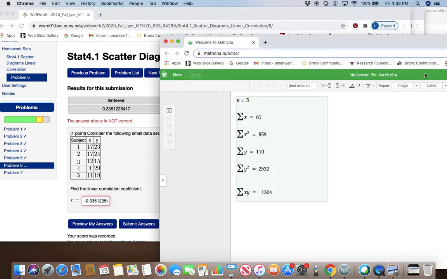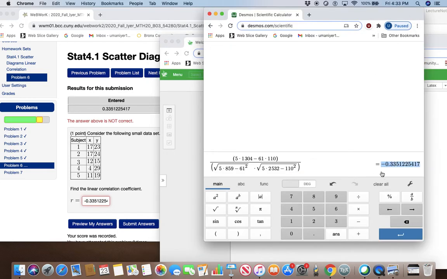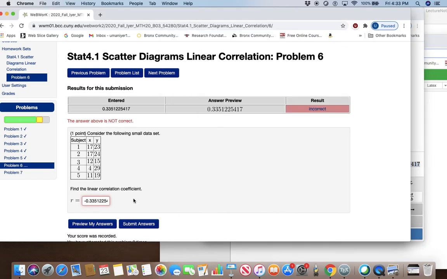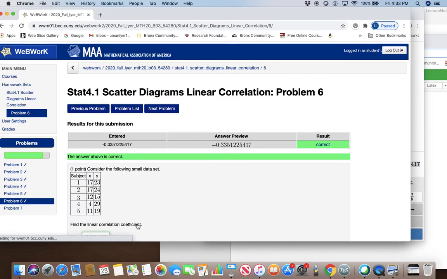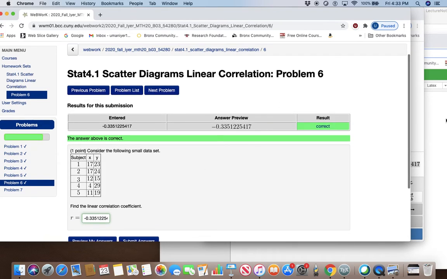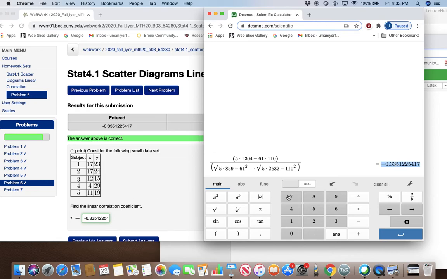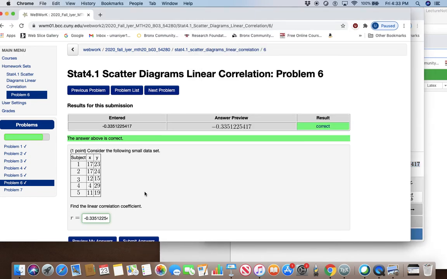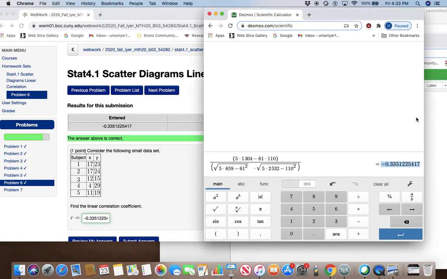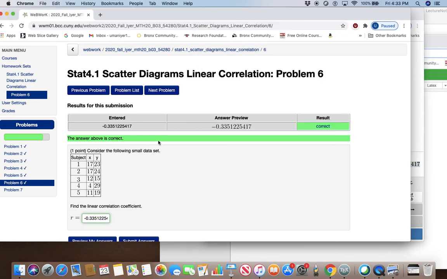Remember, the answer has a negative. Finally, that's correct. This happens if we go from one website to another; it sometimes incorporates an extra character. So do not give up hope. Check the characters you have typed in. Also, by the way, you can hand type all of this and you will be fine.